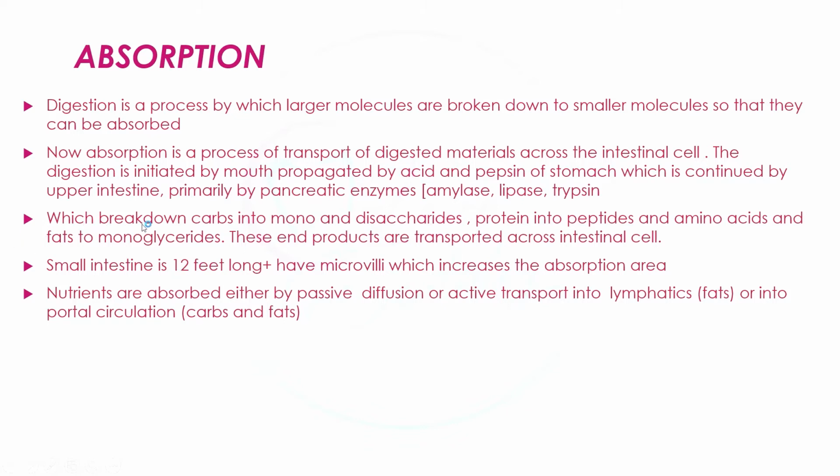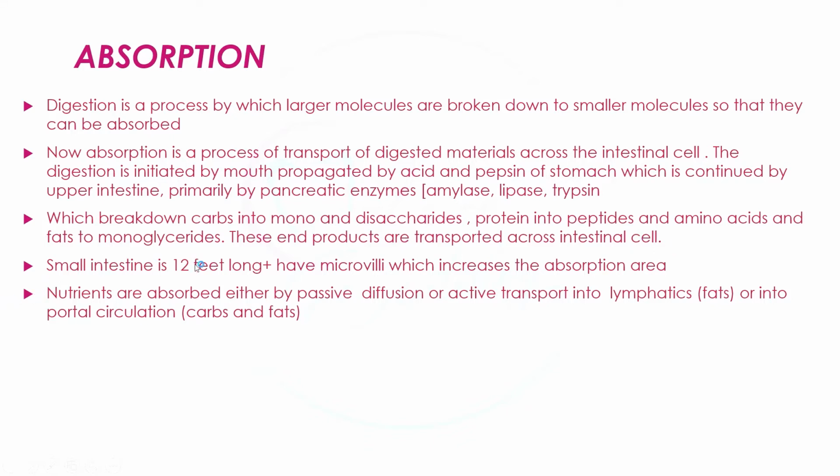These break down carbs into mono and disaccharides, proteins into peptides and amino acids, and fats into monoglycerides. These are the end products and are transported across the intestinal cells.